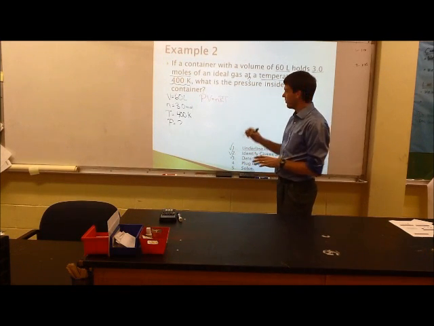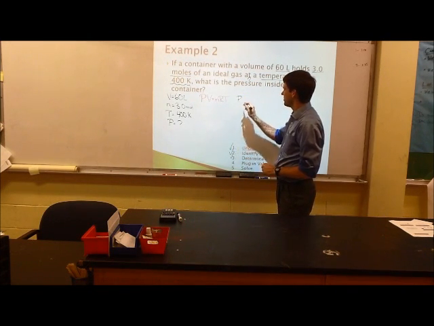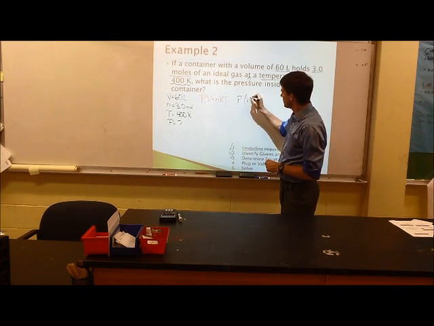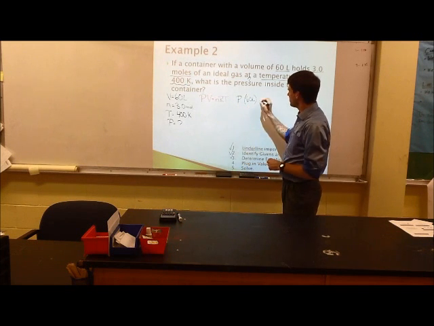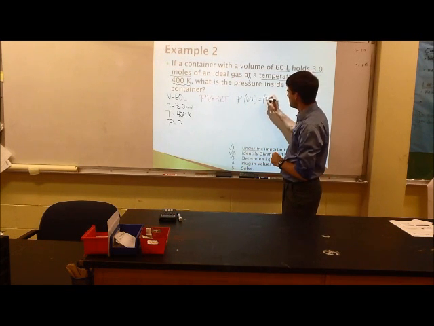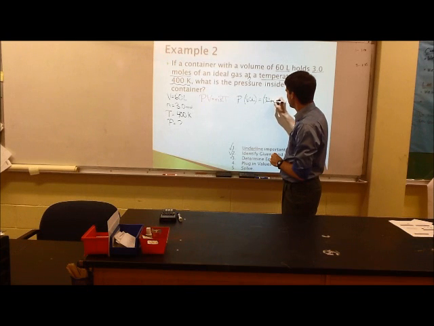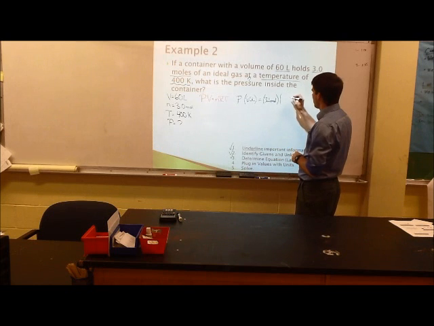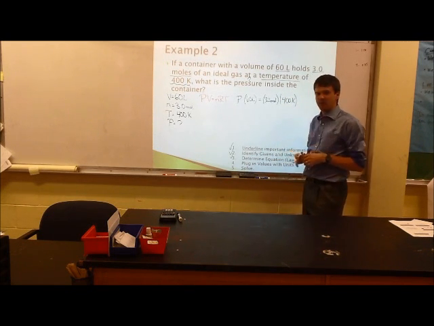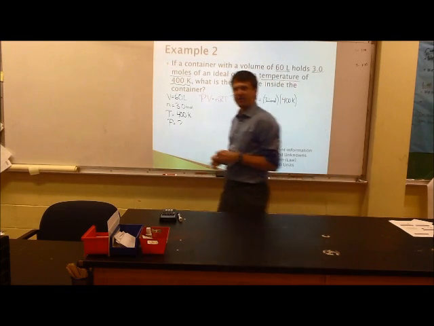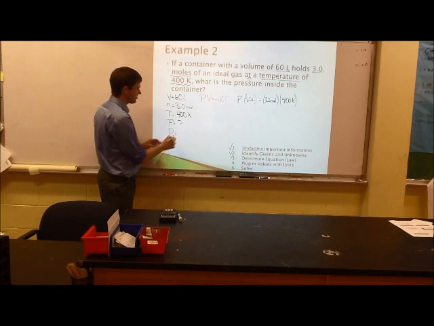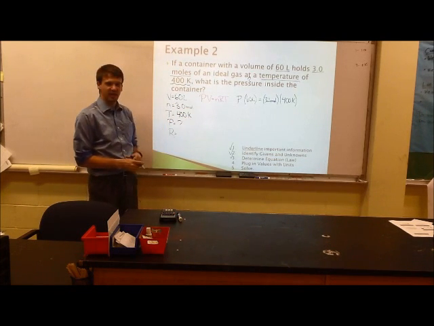So, we start off with some unknown pressure times a volume of 60 liters. We know that that equals 3.0 moles times 400 Kelvin times some R value. I forgot the R, so let's include it now. Our R, we have liters, moles, and Kelvin.